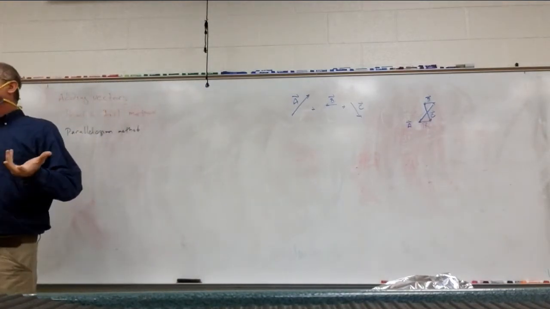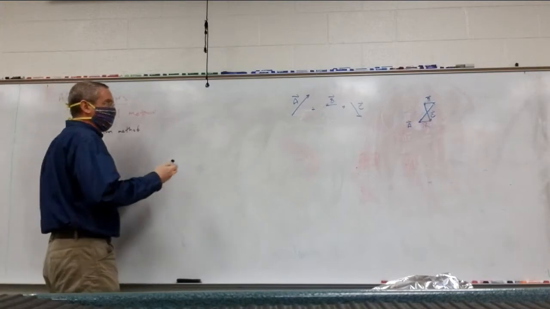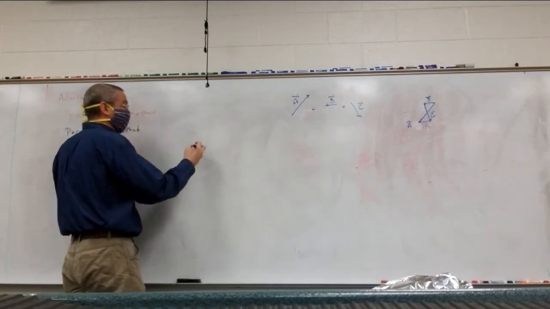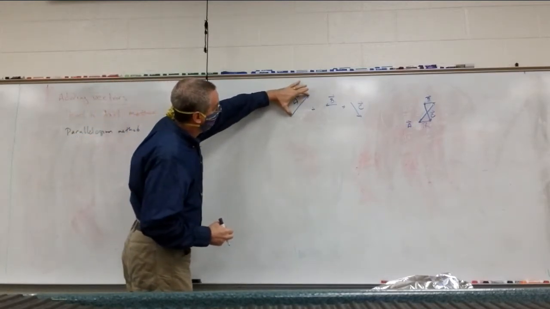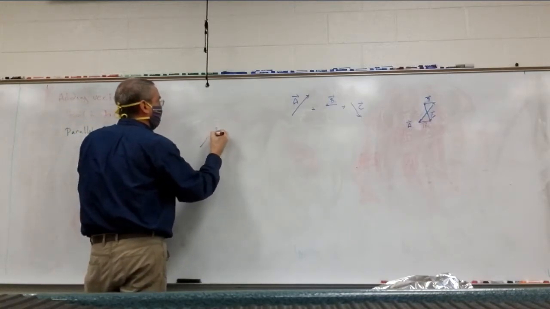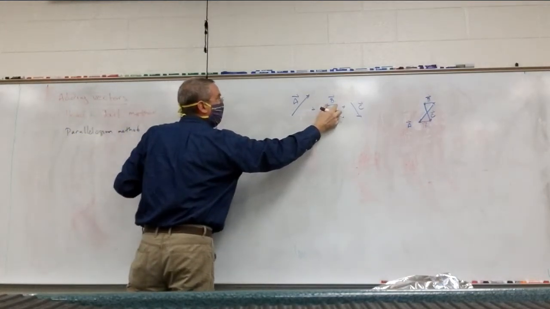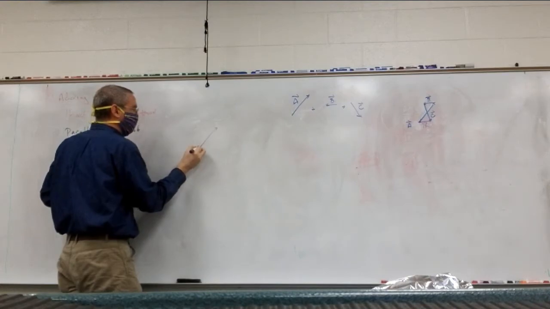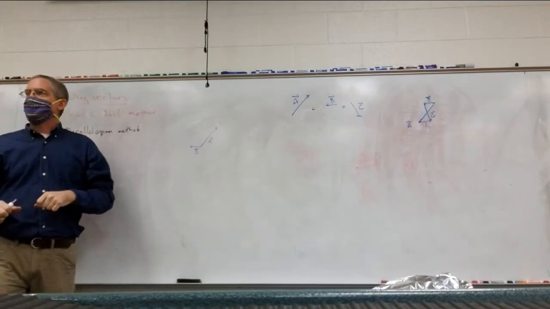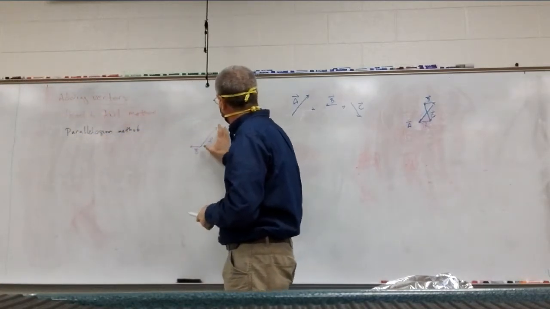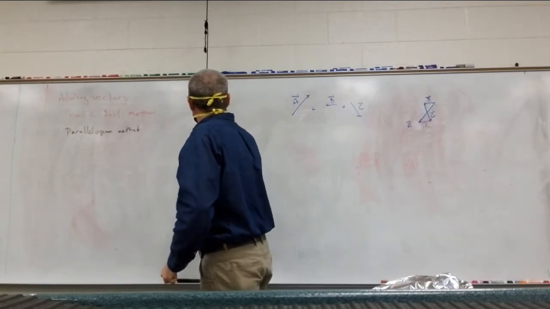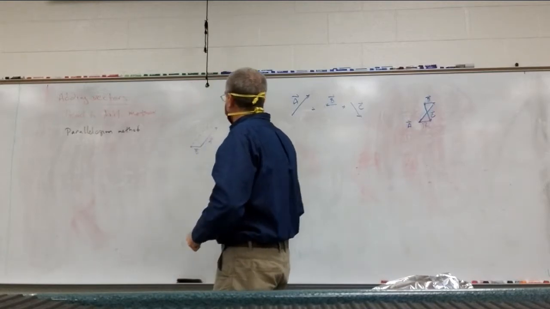All right, so I take two of the vectors. When I'm doing parallelogram method, I have to start with two of them. So let's start with A and B. Why not? We could do, again, A and C. It really doesn't matter, or B and C. So I'm taking A. I take B. That's A, that's B. Draw my parallelogram, something like that.